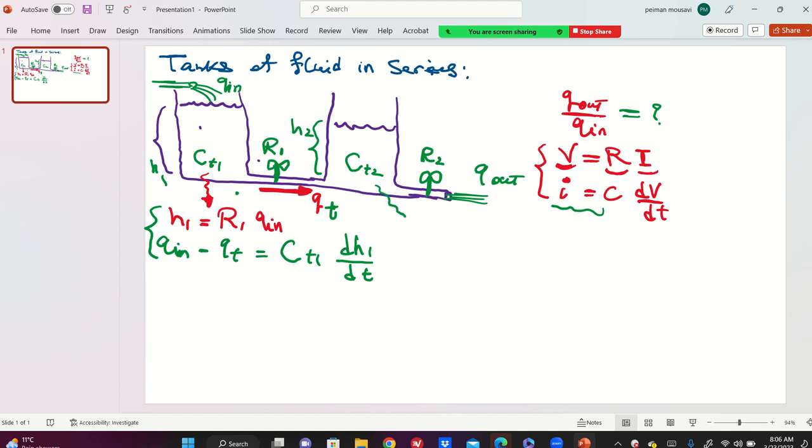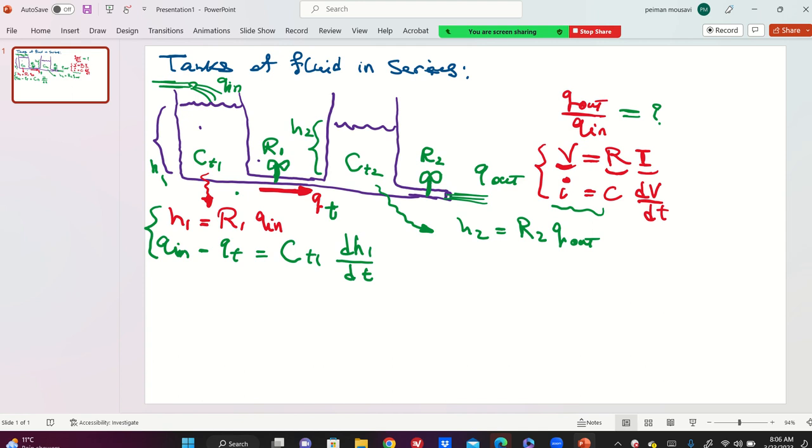Now let us go here. H2 equals R2 Q out, right?